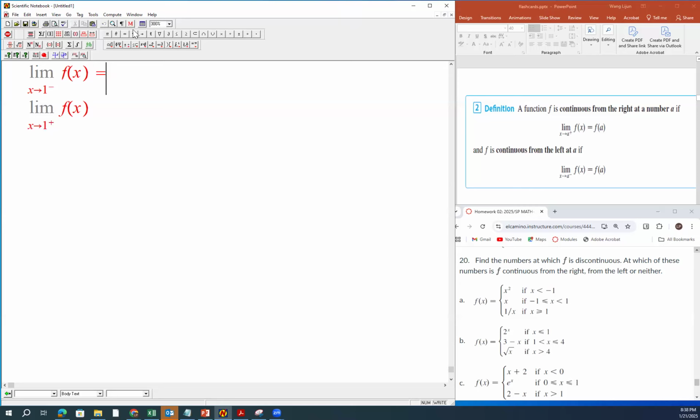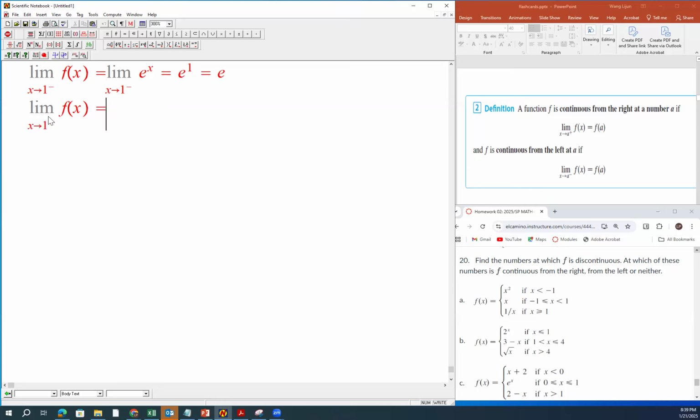Right? So let's look at the function. If we approach 1 from smaller than 1, the rule is e to the power x. That's a direct substitution, e to the power of 1, which equals e.